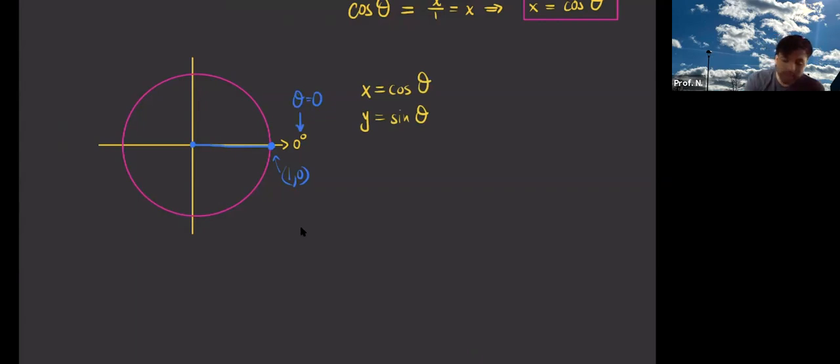And my x coordinate is given by what? Cosine of 0 degrees. And my y coordinate is given by what? Sine of 0 degrees. So based upon the unit circle, what could I figure out? I could figure out that cosine of 0 degrees is equal to 1 by the construction that I just made, and sine of 0 degrees has to be 0.